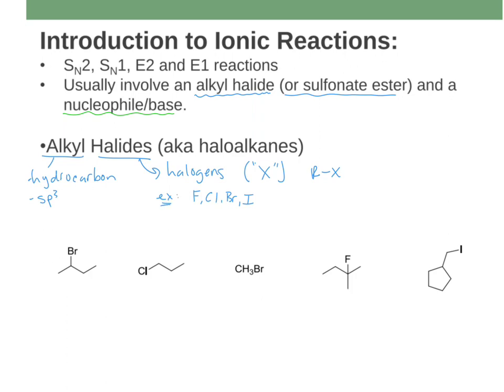And we want to be able to look at an alkyl halide, a haloalkane, and categorize it as either being methyl, primary, secondary, tertiary, or quaternary. That's just referring to how substituted the carbon is that the halogen is on. So we want to ask ourselves how substituted is the carbon that the halogen is attached to.